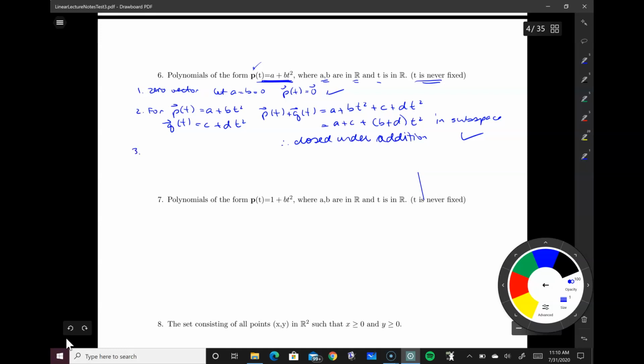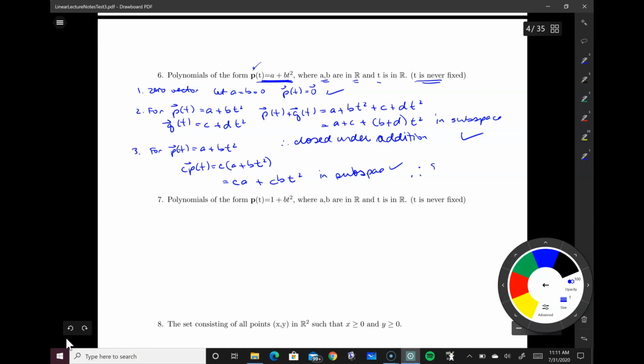Okay, so for the third criteria, for this p of t, if I multiply it by a constant c, so c times a plus bt squared gives me ca plus cb times t squared. That is in the subspace. It still fits the criteria of what the items need to look like to be in the subspace, so check.